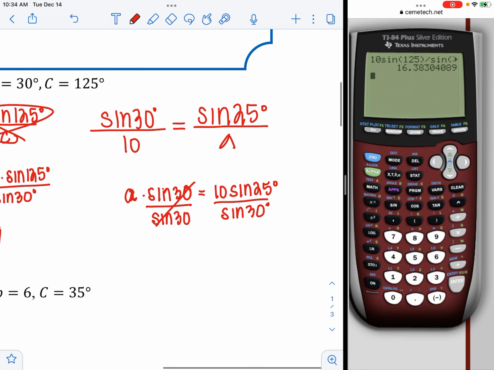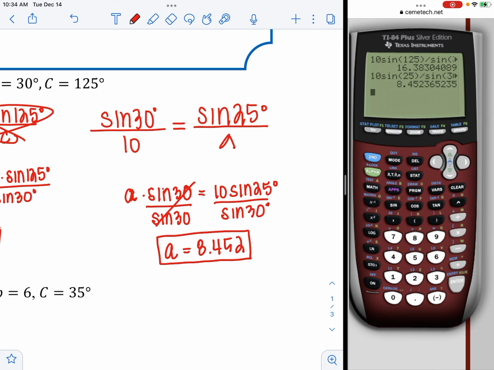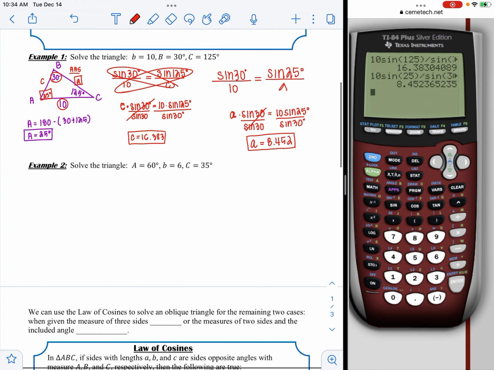And then I have A equals, and I'm going to type this in my calculator. I'm going to type 10 sine of 25, close the parentheses on the 25, divided by sine of 30, close the parentheses on the 30, hit enter, and I get 8.452. And now I've solved the whole triangle. I found the 3 missing parts. 2 sides and an angle.